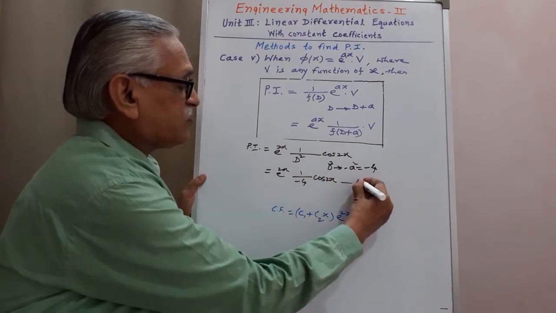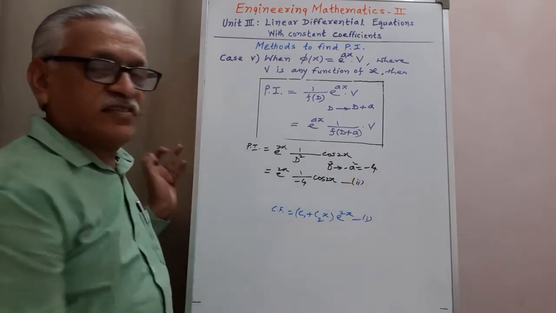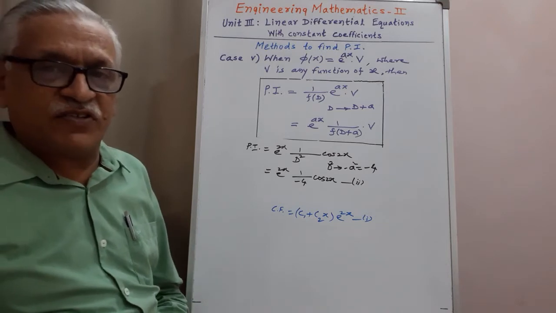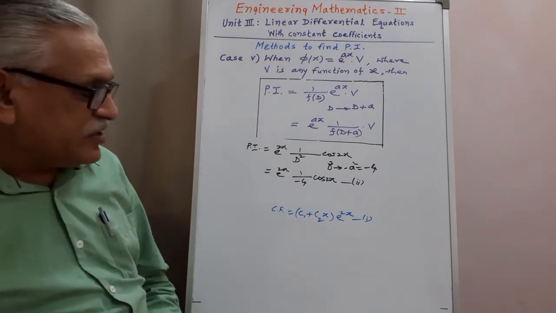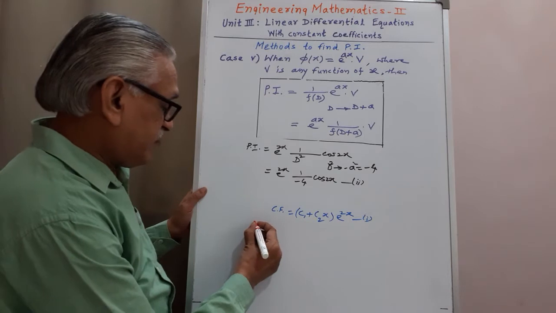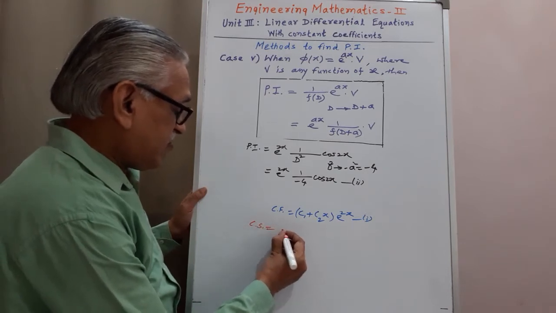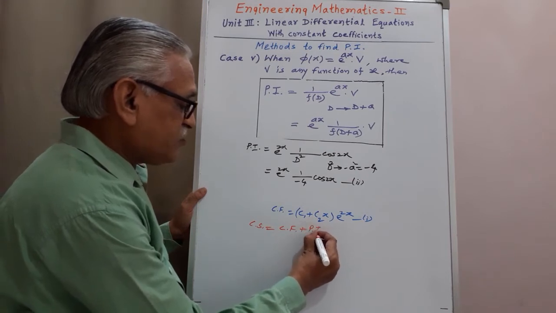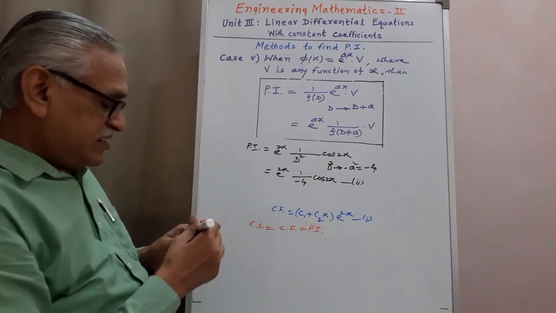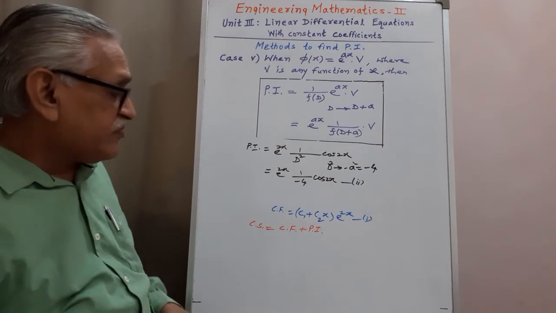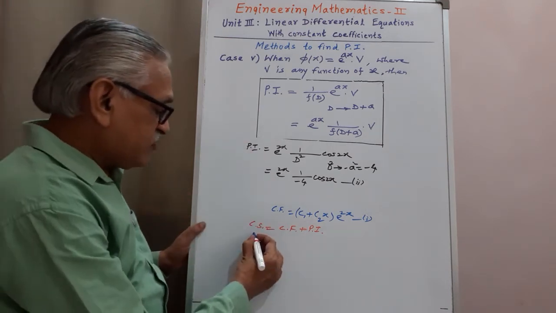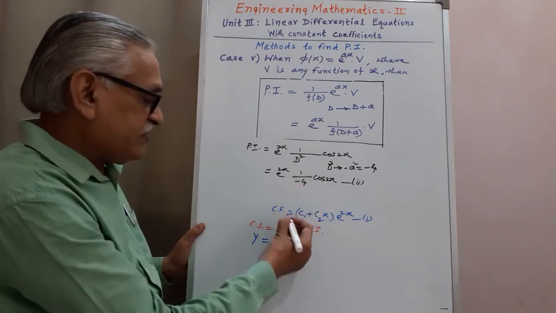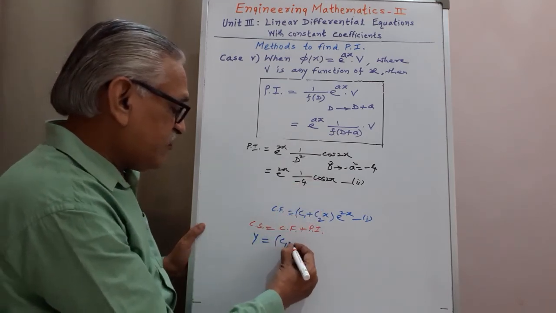We call as equation 2, and this is the PI. And then if we combine CF and PI, we get the complete solution. And therefore, complete solution is CF equation 1 plus PI equation 2. And complete solution always for the dependent variable. Here dependent variable is y. CF is C1 plus C2x.